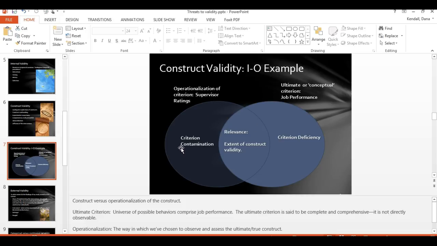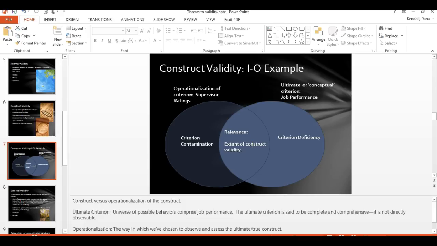Now, the criterion contamination aspect is all of the different things that the supervisor ratings are capturing that are not relevant to my performance. These are things like biases, maybe liking. Hypothetically, maybe my supervisor doesn't like me very much, and so that's going to filter into the ratings.